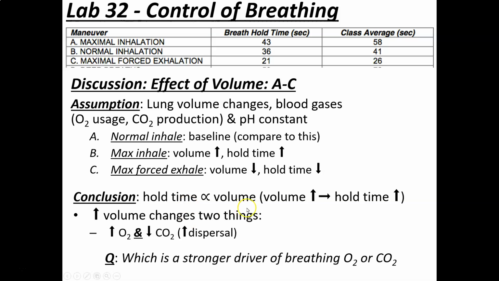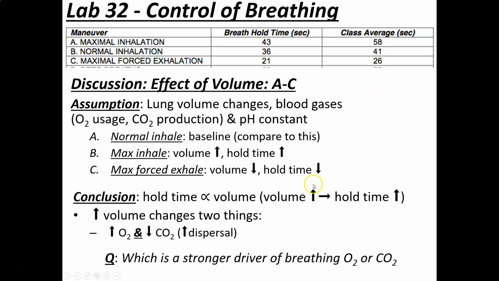But what's happening is that I am producing CO2 at the same rate. And when I have a smaller lung volume, there's less space for my CO2 to go into. And so the CO2 builds up quicker. So essentially, I have a higher CO2 value when I have a smaller lung volume.